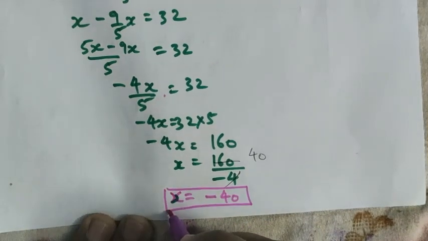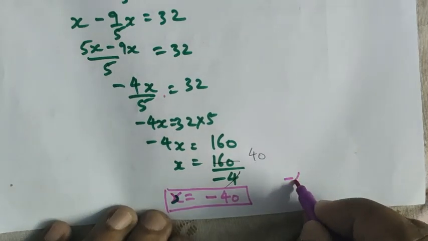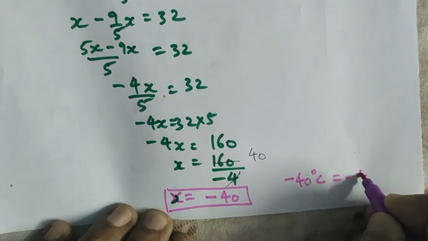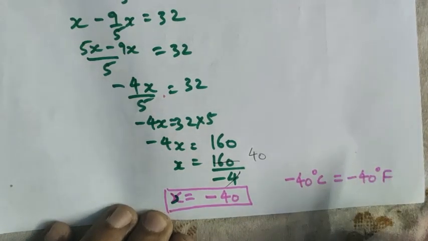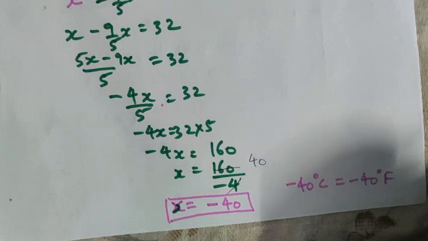So that means what we get here, at minus 40 degrees Celsius, minus 40 degrees Celsius will be equal to minus 40 degrees Fahrenheit. So it is asked, is there a temperature? Yes, there is a temperature, that is minus 40 degrees, which is the same in both the Fahrenheit and Celsius scale.